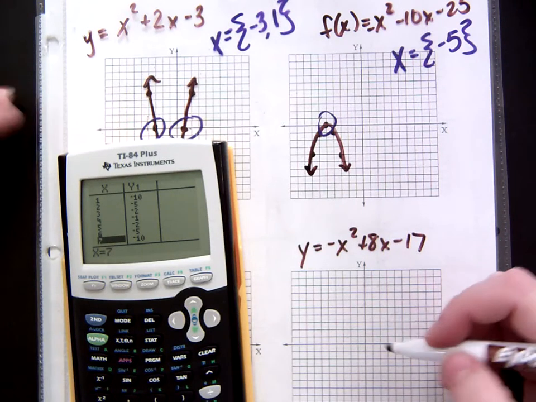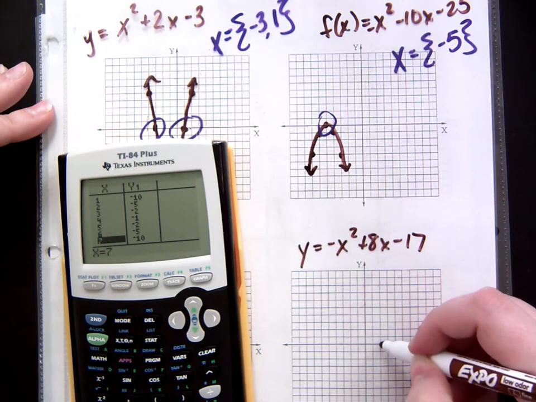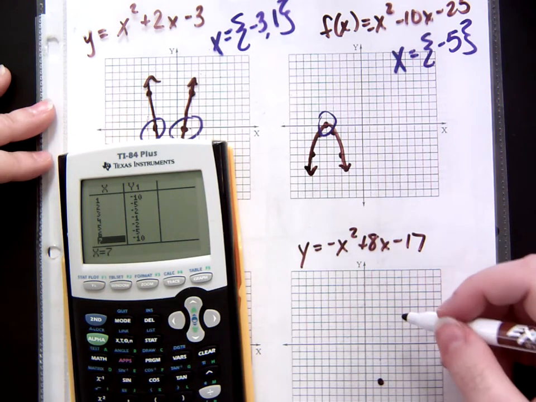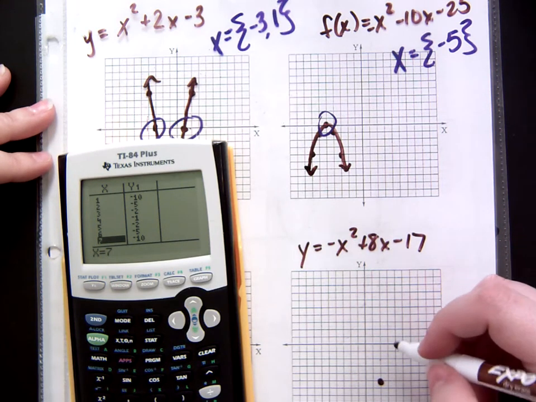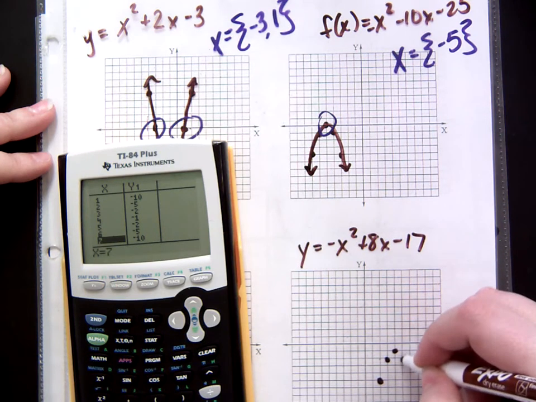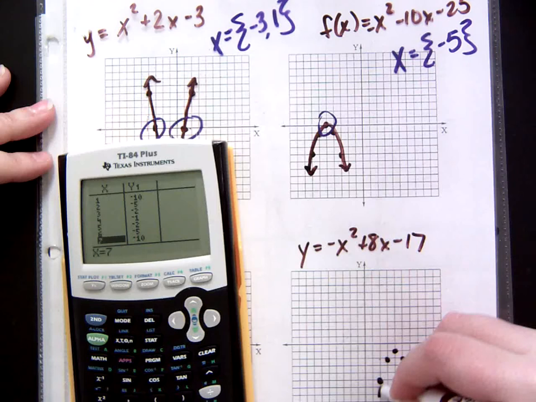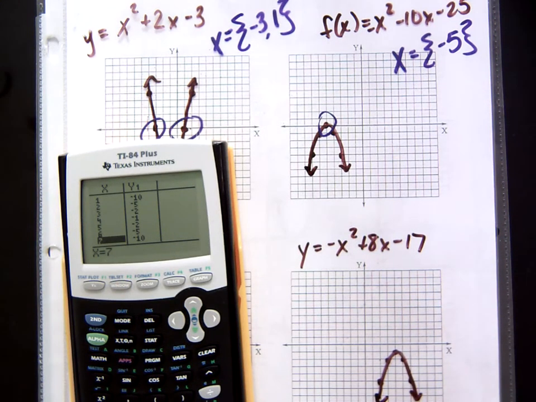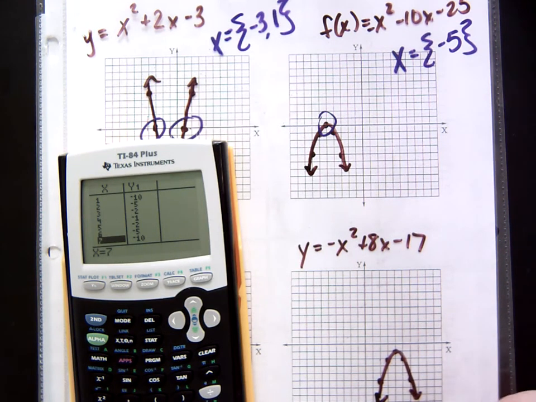Alright, that's good enough. So 2, -5, 3, -2, 4, -1, and then it goes back down. So this graph is never going to touch the x-axis, which means there is no real solution.